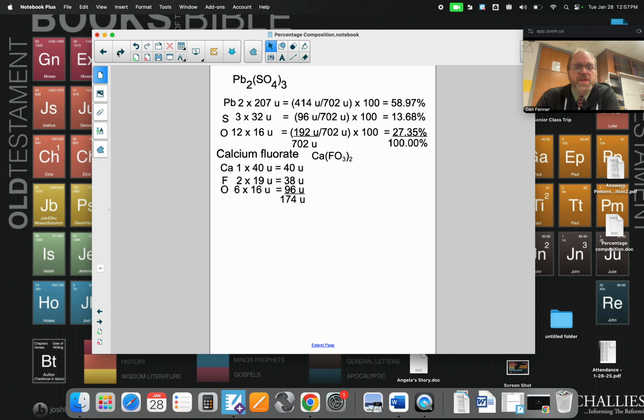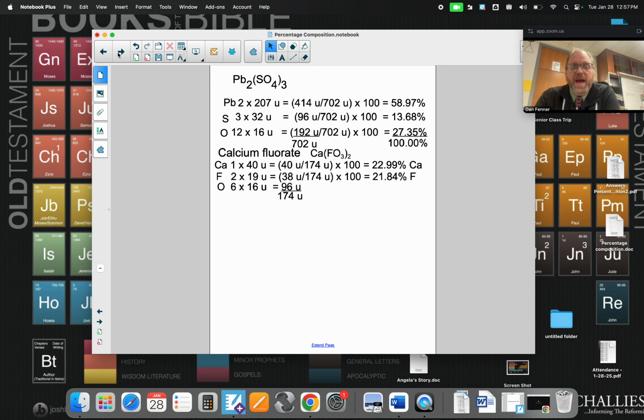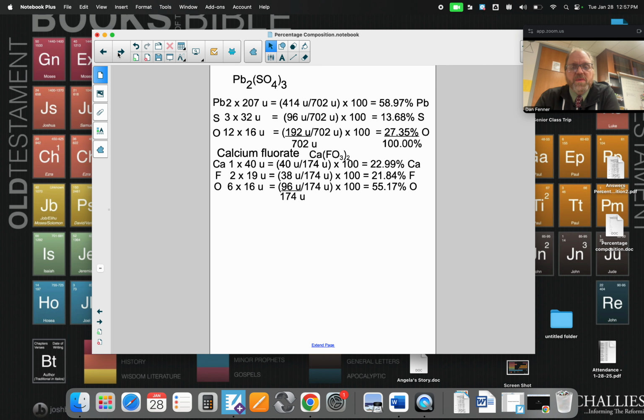We have 1, 2, 6 times 40, 19, and 16 U. That gives us 40 U, 38 U, and 96 U, which gives 174 U altogether for the formula mass. Divide through. I get 22.99% for calcium, 21.84% for fluorine, and 55.17% for oxygen.